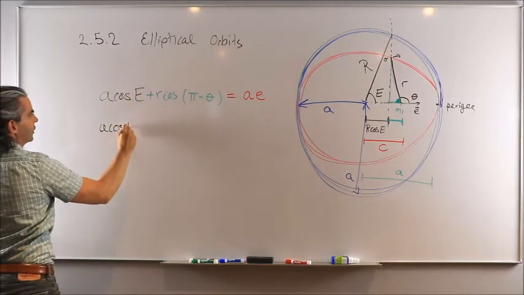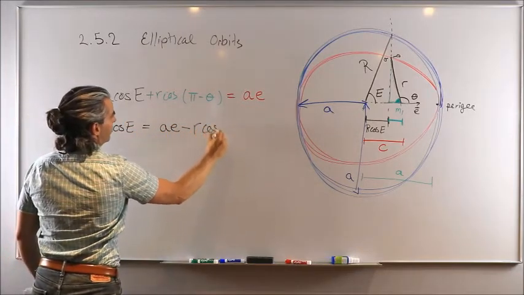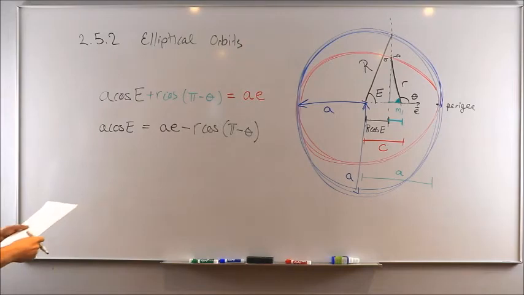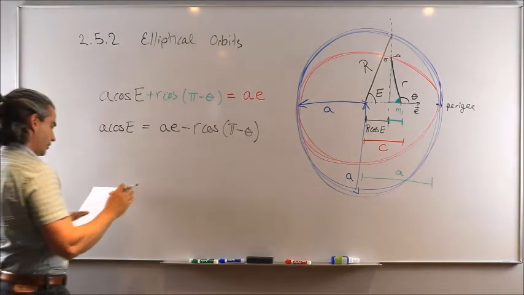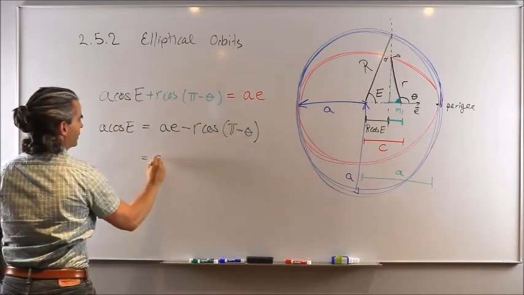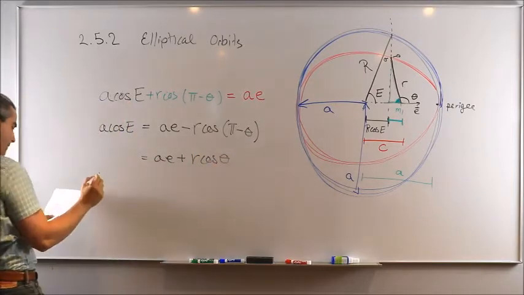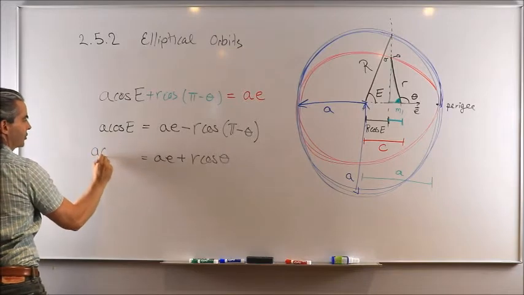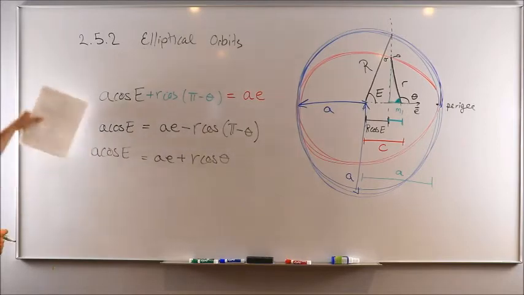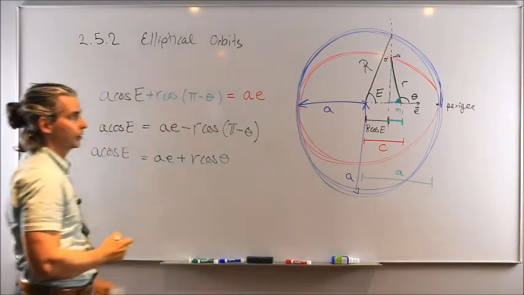So A cos eccentric anomaly is equal to AE minus R cos(pi minus true anomaly). Minus cos(pi minus theta) is the same as just plus R cos theta, and this gives us semi-major axis cos eccentric anomaly. All these relationships were derived from the first one, just by looking at the geometry of the problem and doing a bit of trigonometry.